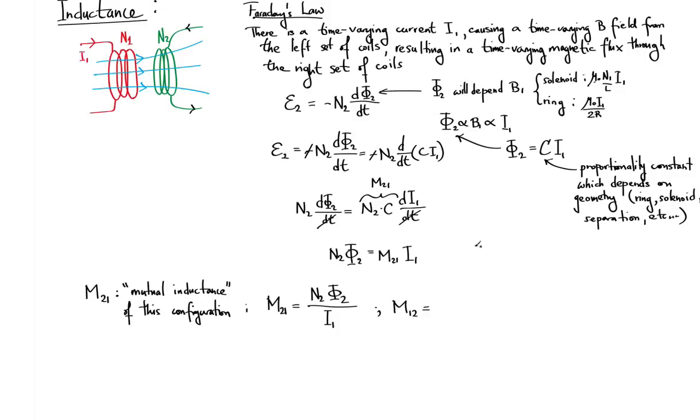And so M12, right, is going to be equal to N sub 1 phi sub 1 over I2. It's the exact reverse. And these two are actually going to be identical to one another, right?